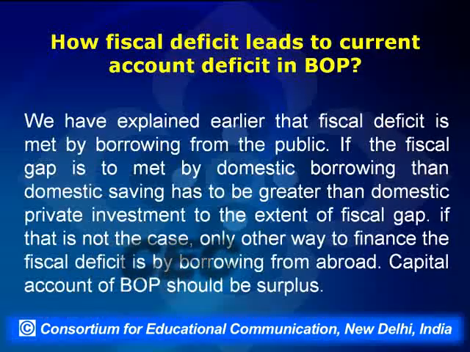Balance of payment in a nutshell is a record of total transactions of a country with the rest of the world. It has two accounts. One is the current account, another is the capital account.